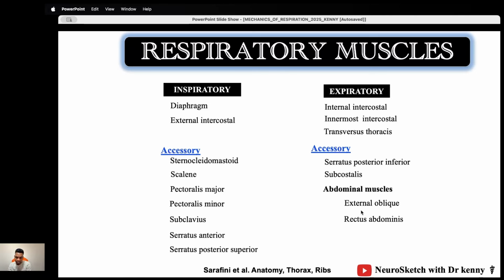Rectus abdominis and external oblique muscle will result in pushing the diaphragm. So they are increasing intra-abdominal pressure. They are pushing the diaphragm towards the thoracic cage, and so they are decreasing the volume, the vertical diameter of the thoracic cavity. Okay, they result in expiration.